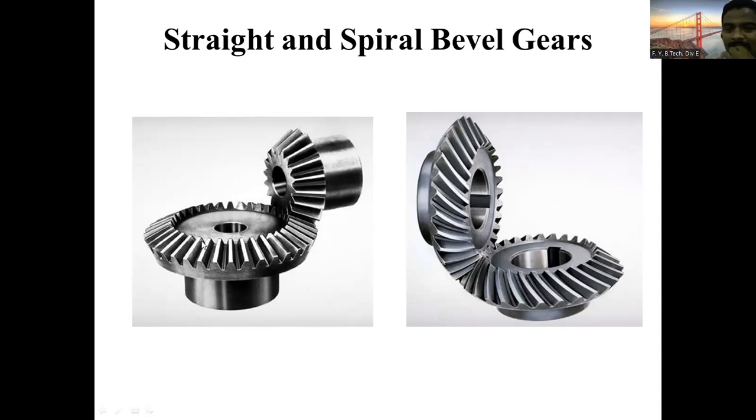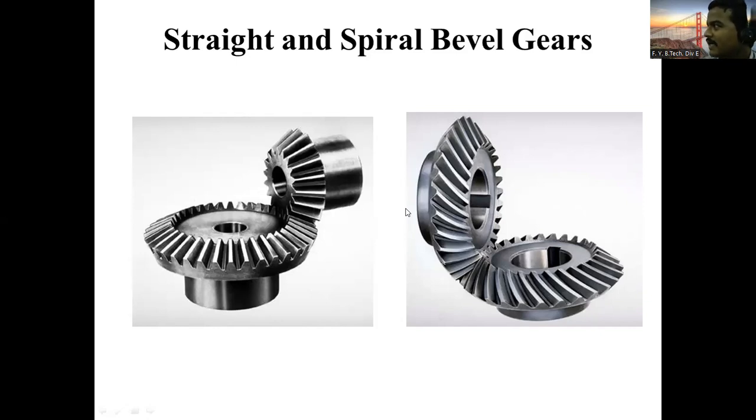Right? So these straight and spiral gears can be used in the differential gearbox. Where are they used? Differential gearbox. Where is a differential gearbox? Have you seen trucks? On the bottom side there is a big hub. And the power that comes through the propeller shaft will be divided to the rear wheels using the differential gearbox. In the differential gearbox, this bevel gear is present.